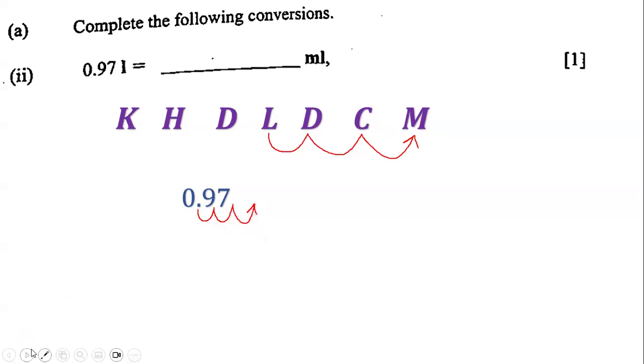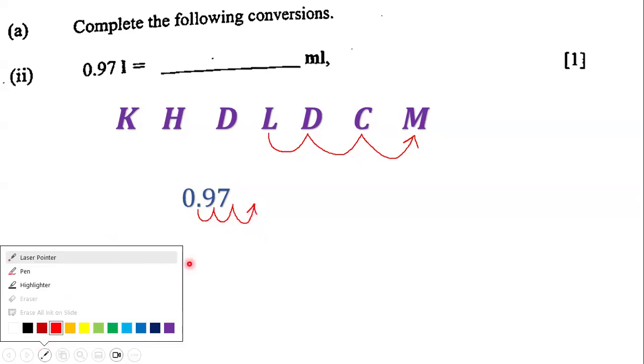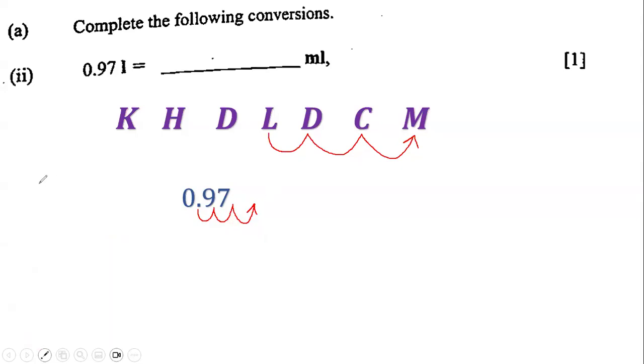But look here, it looks like we have a placeholder we could put here, right? We could put a 0 here as a placeholder, so that means there's no point behind the 0. So what is our answer?